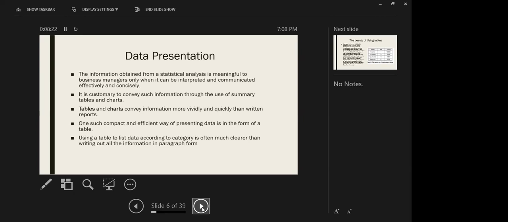You are trying to convey information vividly, presenting it in a certain way so that people can see it. So the reason why in statistics we use tables and charts is because they are more vivid and quick to see than a written format.